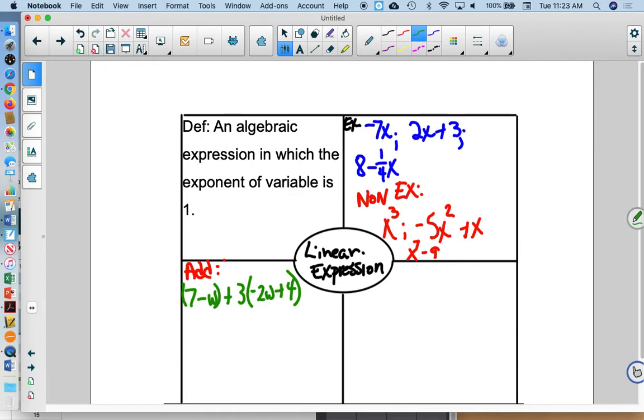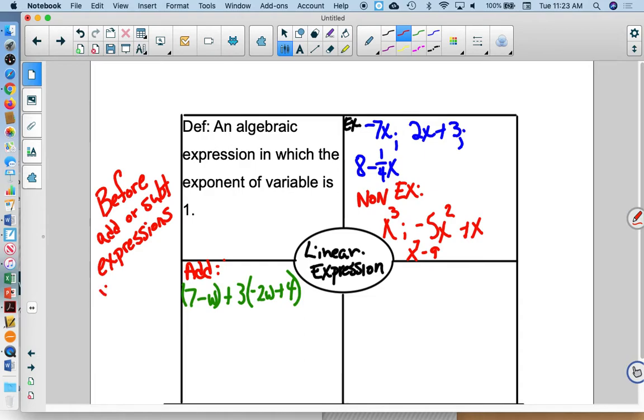Okay, very important. I'm going to put this note out here on the outside. Before adding or subtracting expressions, you must simplify the expressions.